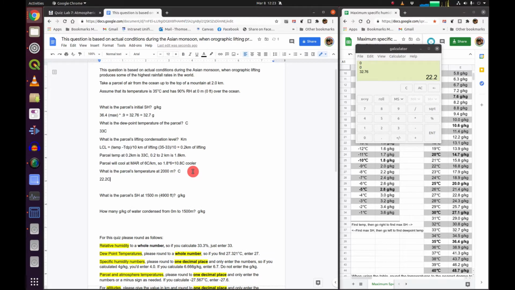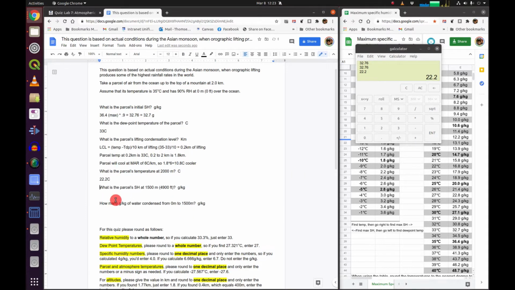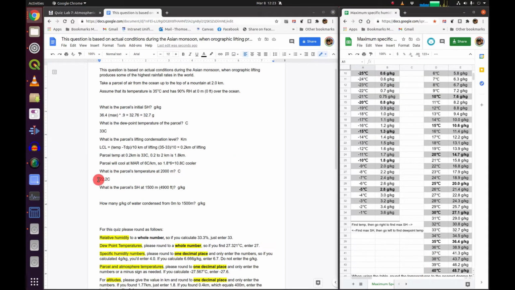22.2 Celsius. I'm just going to check that again. So we had 33 degrees minus 10.8 is 22.2. So we know the parcel's temperature at the top of the mountain is 22.2 degrees. So for a dew point temperature, we're going to round that to 22 and look it up on the chart. And the parcel's specific humidity is going to be the max.